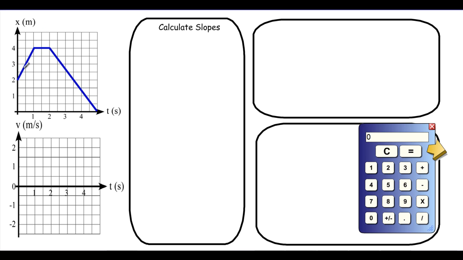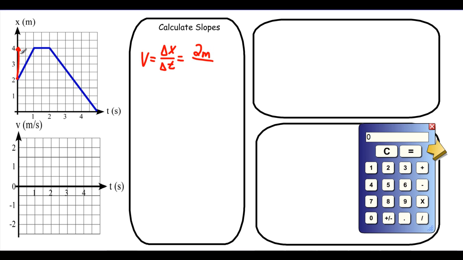So if I want to calculate this, it's rise over run. Let's look at what my rise is. I start at 2, and I go up to 4. So my rise is going to be 2. Slope is speed, so velocity equals delta x over delta t. My delta x, I start at 2 and I go to 4, is going to be 2 meters.